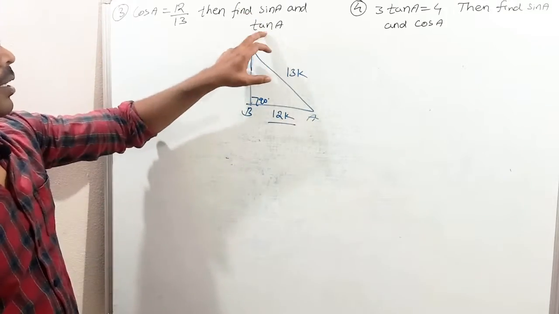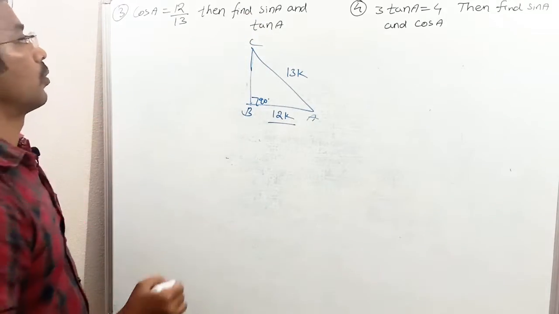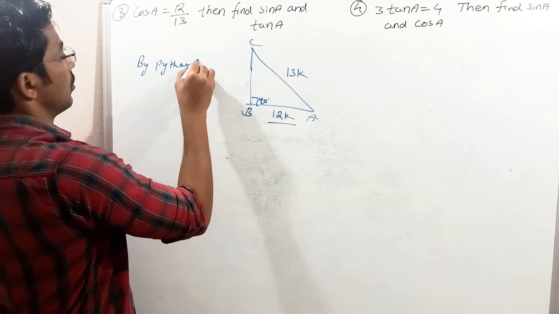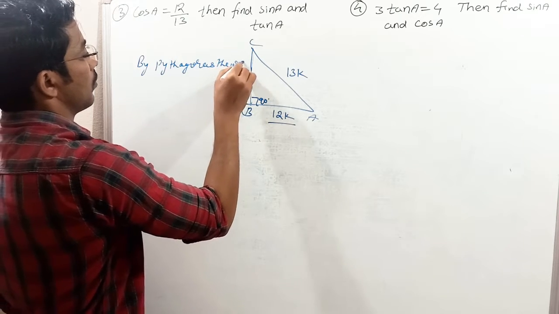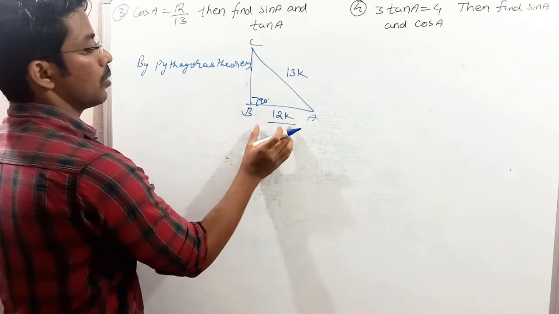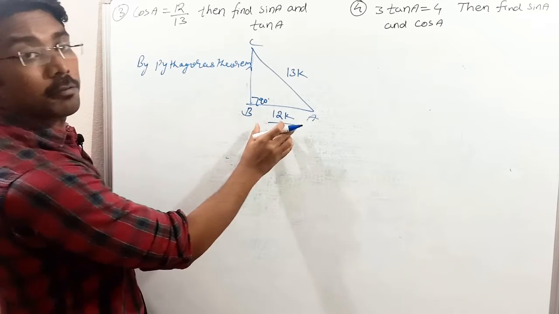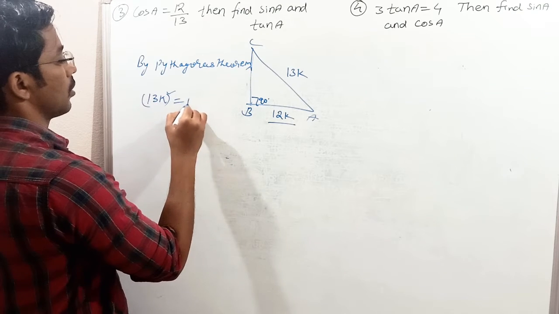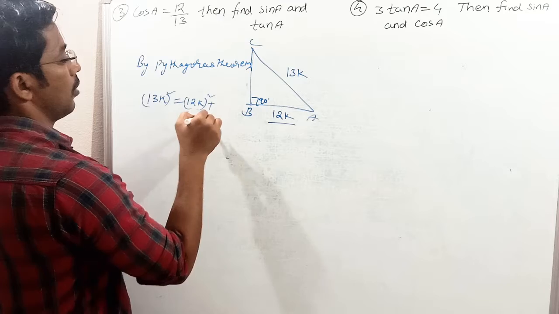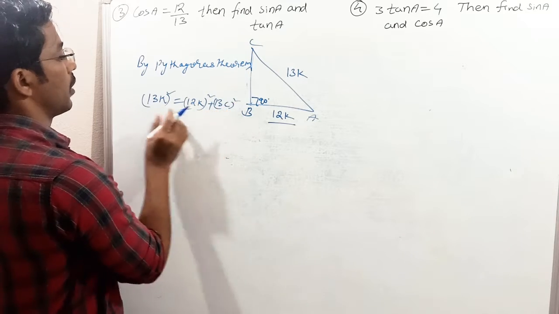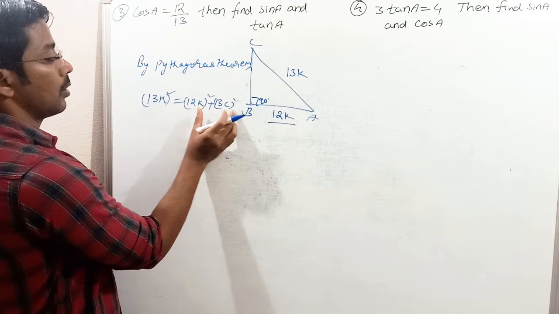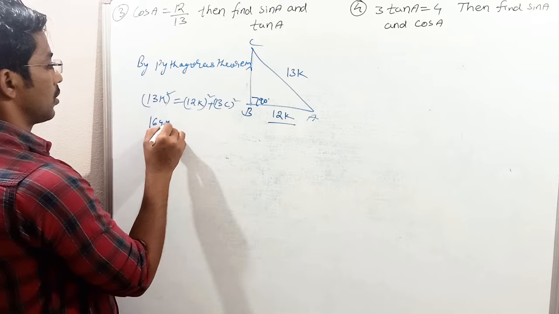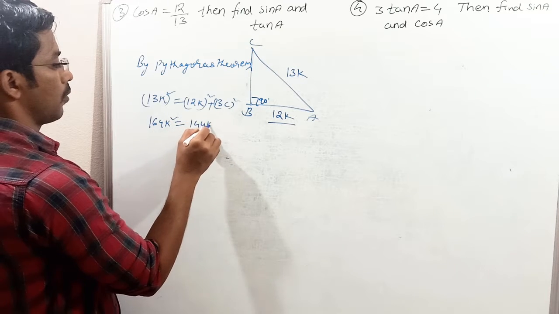In order to find sin and tan, we need to find the BC value also. By the Pythagoras theorem, hypotenuse square is equal to the sum of the squares of the other two sides. So 13k square is equal to 12k square plus BC square. 13k square is 169k square and 12k square is 144k square.